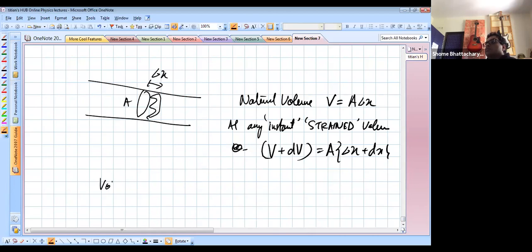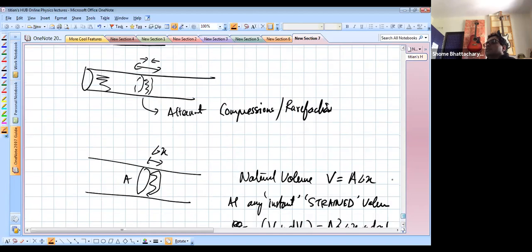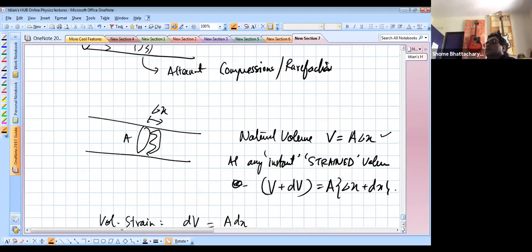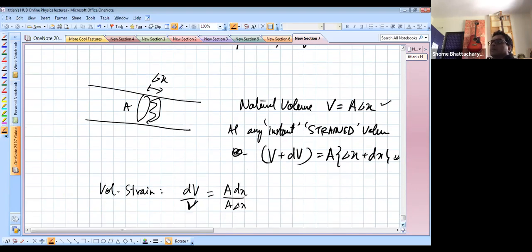So the volume strain is dV by V. So that is just becoming E times dx divided by E times delta x. We just compare this equation with the equation we have written above, this one and this equation, to understand how this happens.